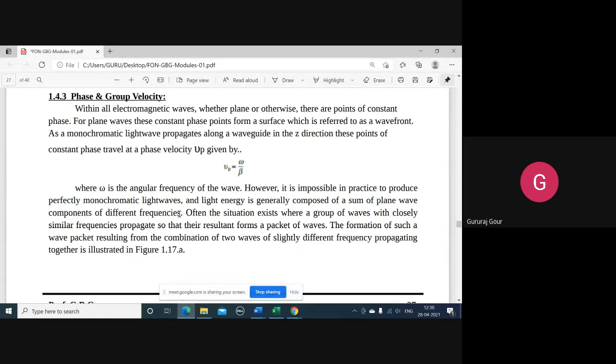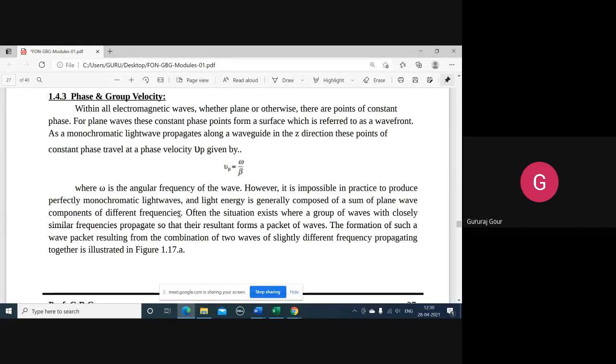Single wavelength light is very difficult to produce. That's what it is telling. So practically, instead of single wavelength light waves, we go for light waves having multiple wavelengths or frequencies.